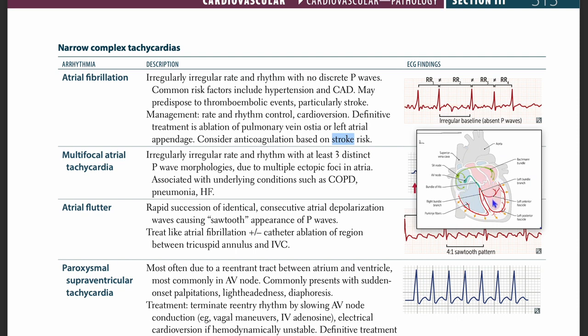So this will go into LV and through aorta into the carotids, then cerebrals, and it can cause ischemia or stroke over there, right? The most common site is what? It's between, I think, anterior cerebral artery and the middle cerebral artery. We'll do that in neuro, circle of Willis, but you can look it up if you want. Okay. So you have to consider anticoagulation based on stroke risk because of that.